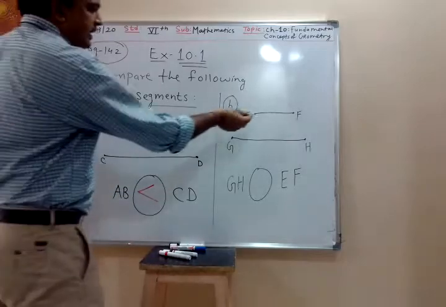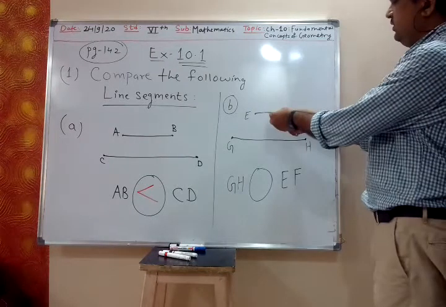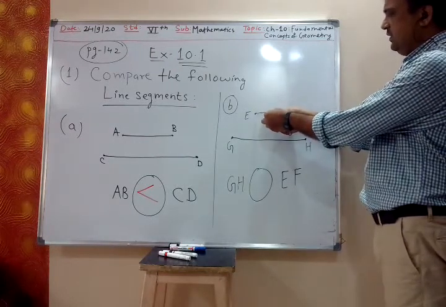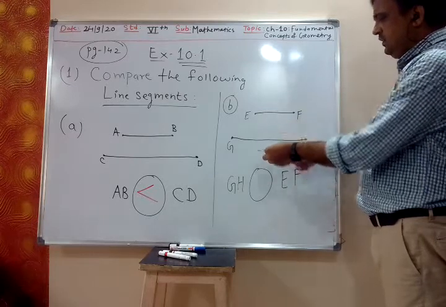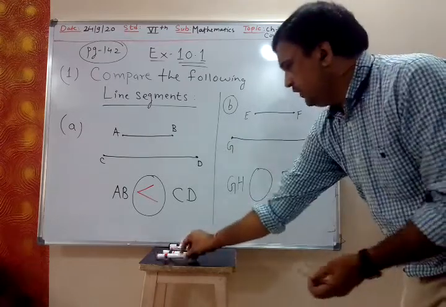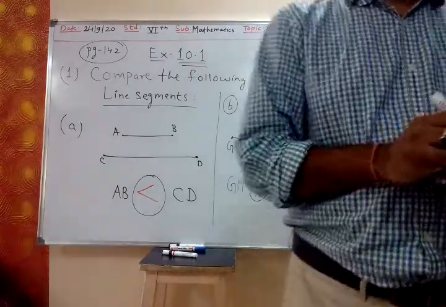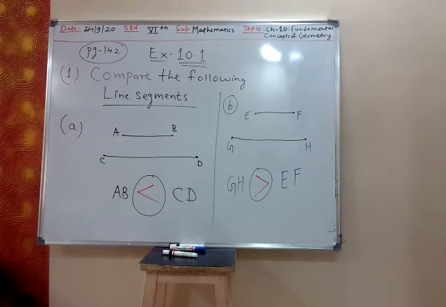So this is my EF, then GH. Yes, clear. So you will write GH is bigger than EF.